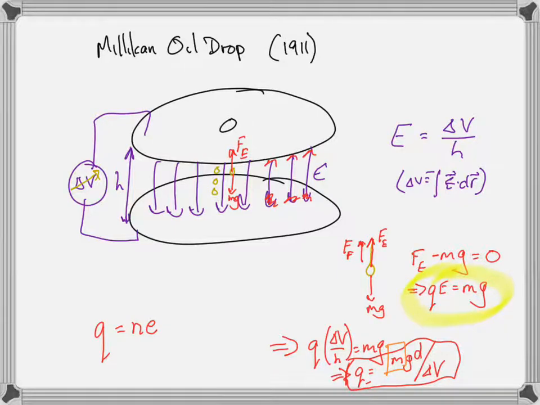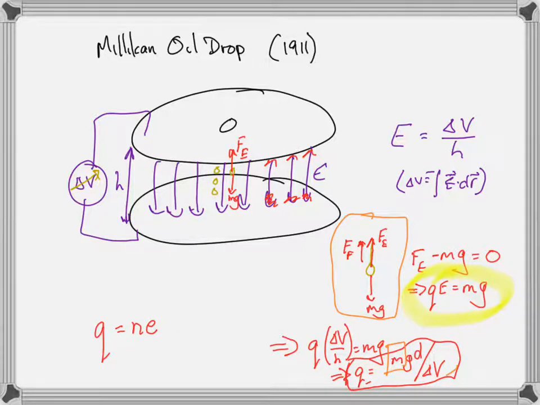But then he lets the oil drop fall, and air resistance is very well understood, and he can use the speed of fall of the oil drop, and we won't go into those details, to determine m. So he's able to determine delta V for levitation, so that this equation at the bottom is true, and then he's able to let it fall, measure the speed of fall, in order to apply the air resistance, and that allows him to figure out what the mass of the oil drop is.